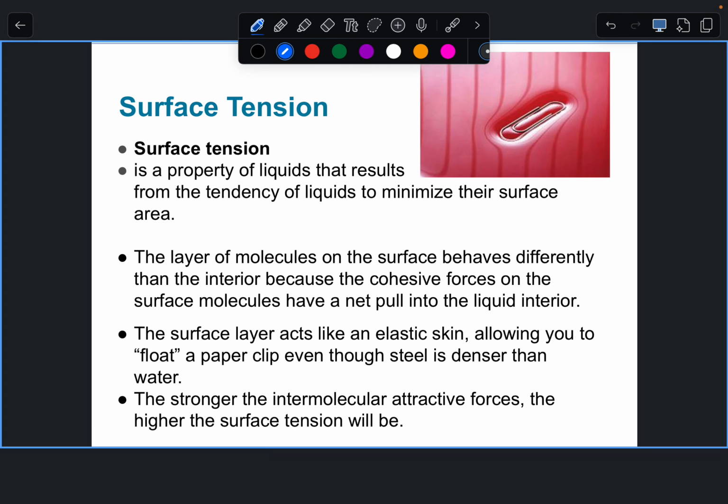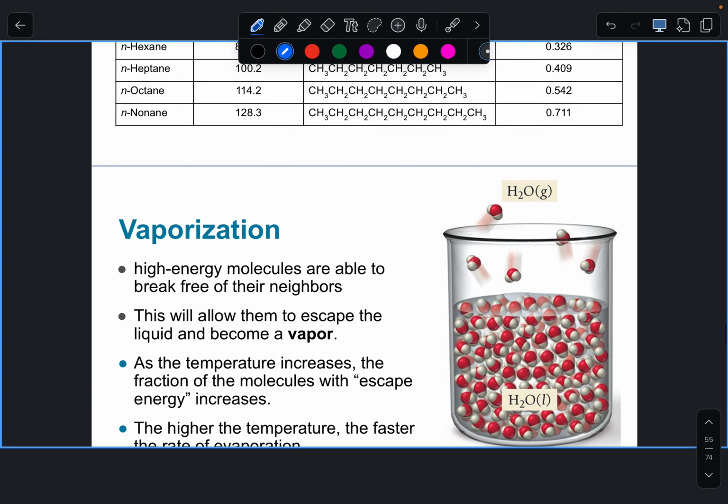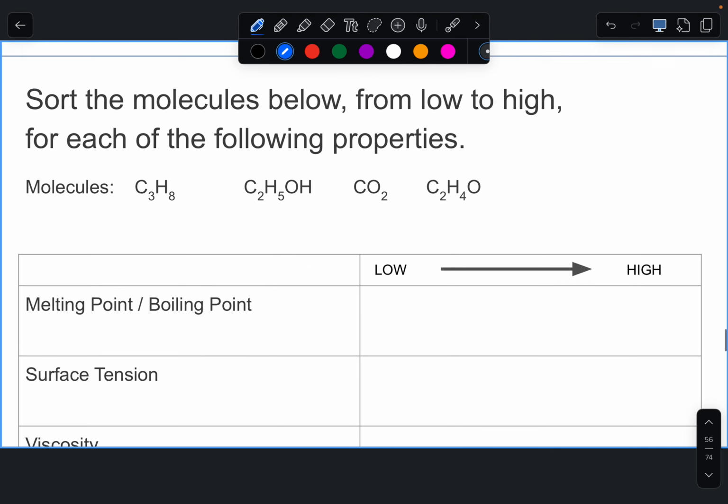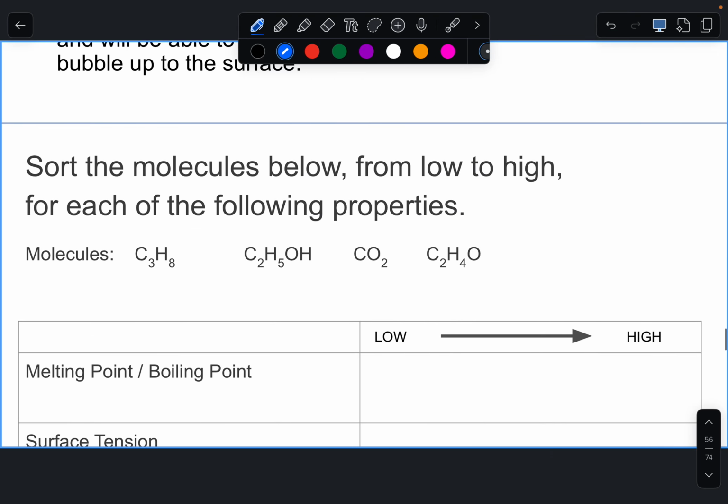So what I think we'll actually do, if you scroll down a few, to this chart here, let's start by having you guys just sort these molecules and predict their boiling points or melting points based on the intermolecular forces. So it'll be good practice. And then what we'll do is see how that correlates to these other properties: surface tension, viscosity, rates of evaporation.